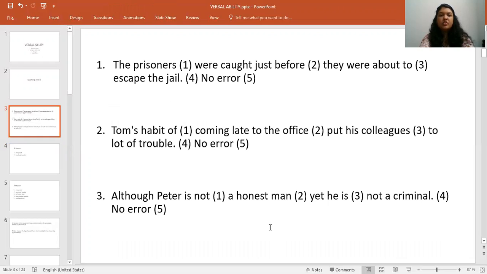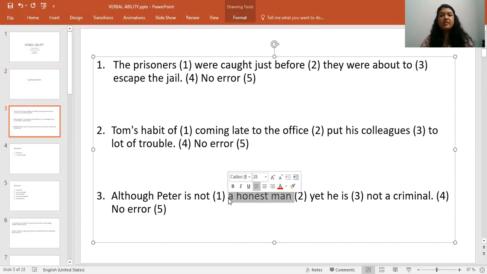No error. So in this case, although Peter is not an honest man, yet he is not a criminal is the sentence. As you know, the basic rule is to use a or an, we have to make sure whether a vowel is present after it. So in this case, when it comes to a honest man, which is the second part of the sentence, a should be corrected as an honest man.